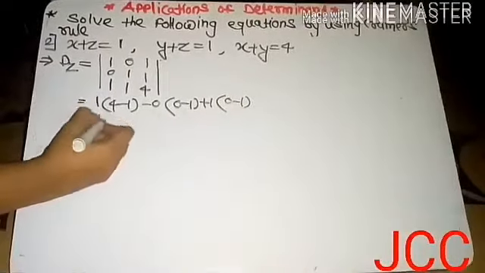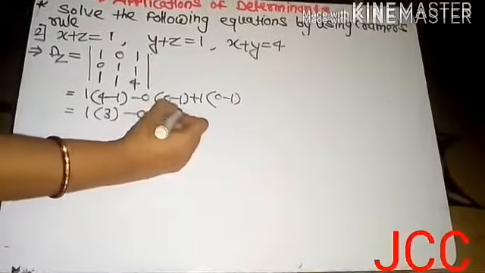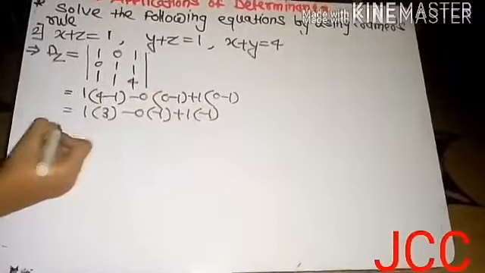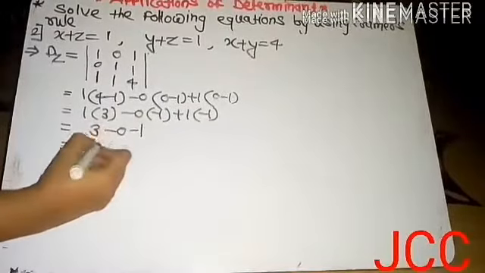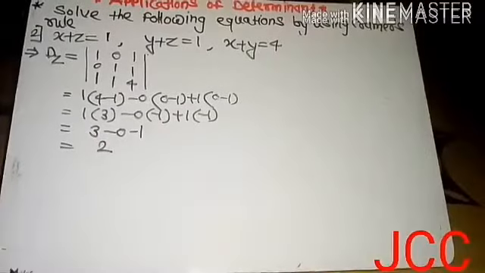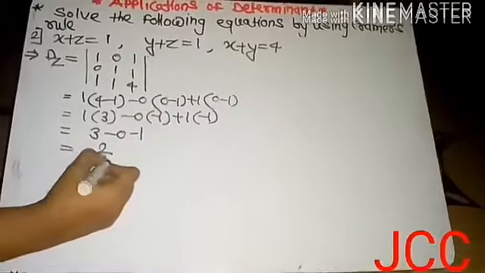That is equal to 1 3 minus 0 minus 1 plus 1 minus 1 3 0 minus 1. 3 minus 1 is 2. Now after finding all determinants, we calculate xyz by Cramer's rule.